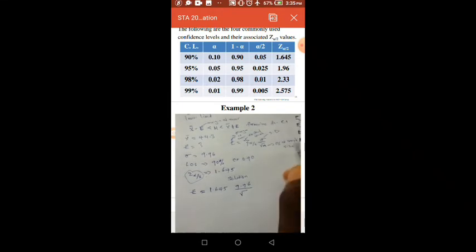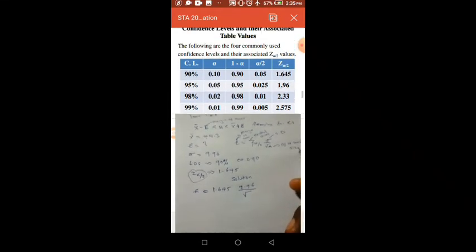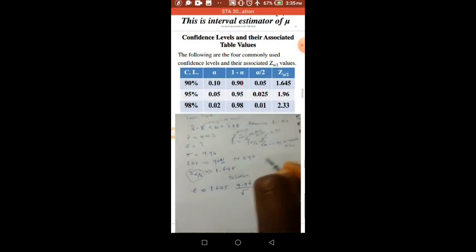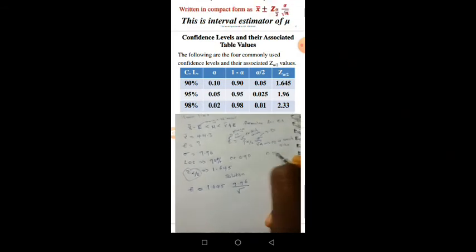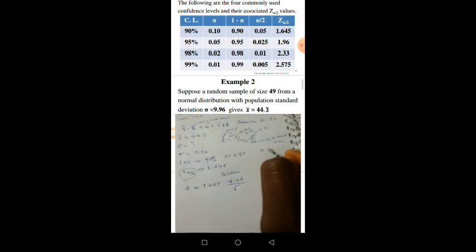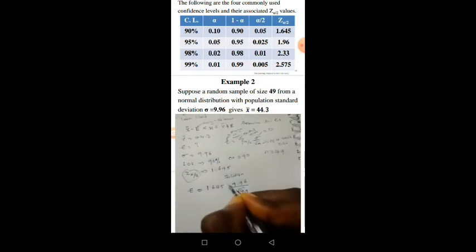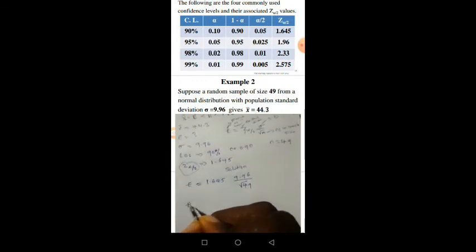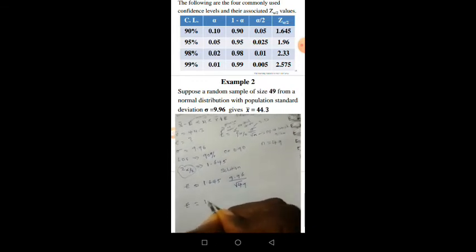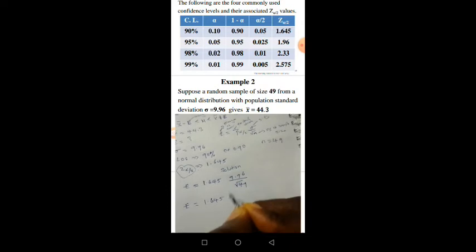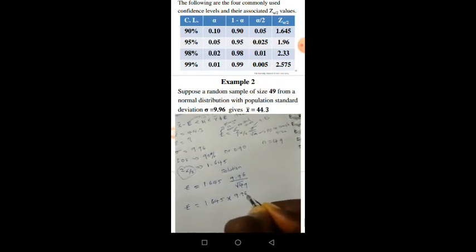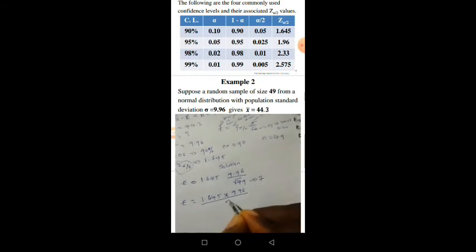What's our n, the sample size? Check the question: it is 49. So E, the margin of error, equals 1.645 times 9.96 over the square root of 49, which is 7. So over 7.